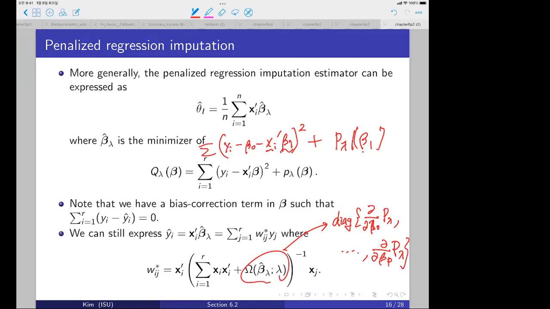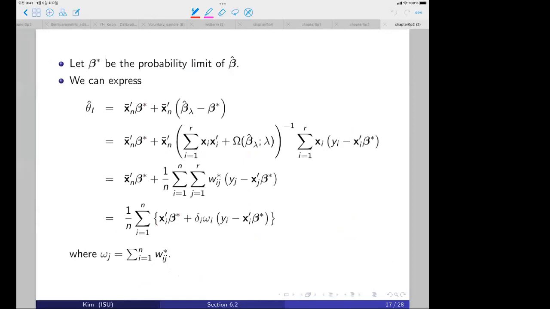Okay. And then now, what's next? Well, we know this is x bar n prime beta hat, right? This is the regression imputation.